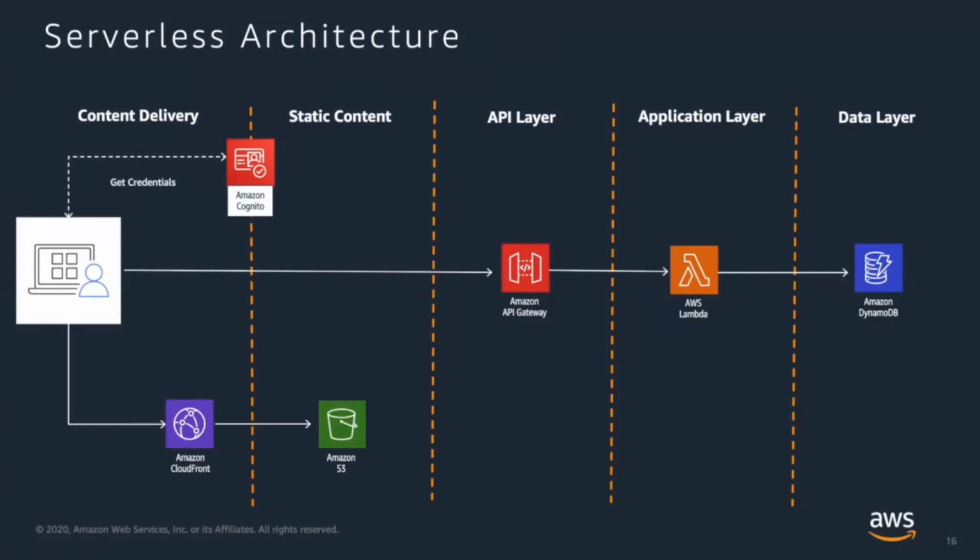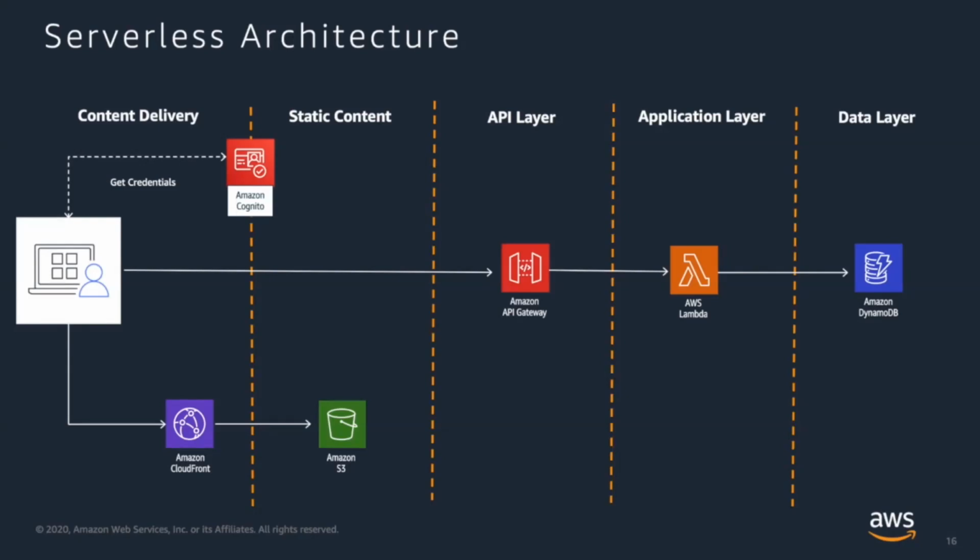Aside from that, we also have Amazon S3 that you can use for storing your static content. And before you could further access your backend or application layer, you can have the option to set up an authentication method for your APIs or your front end.